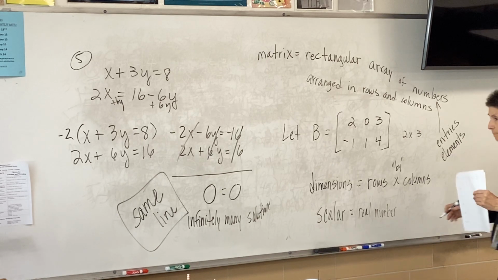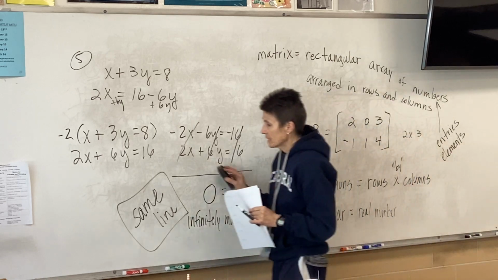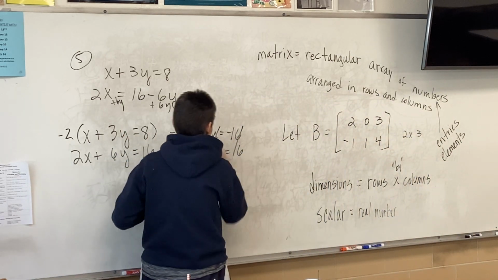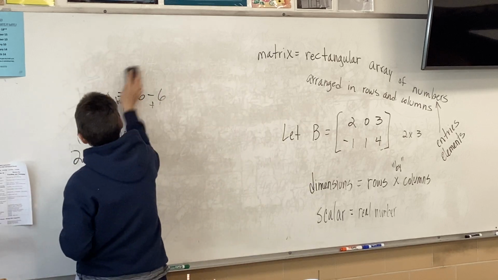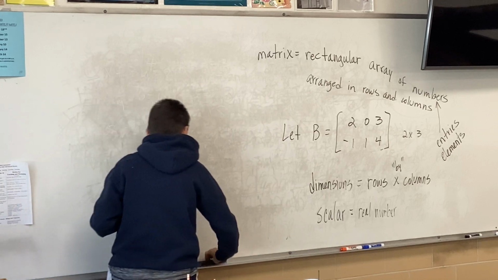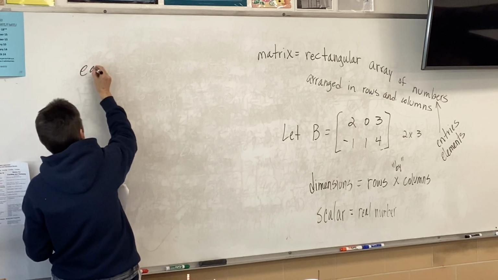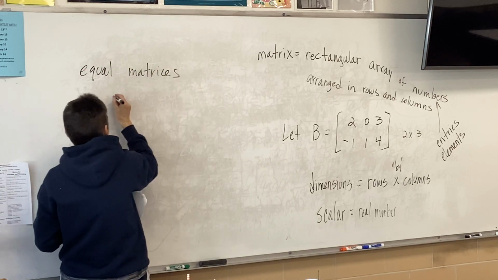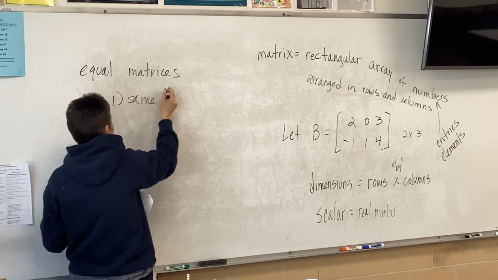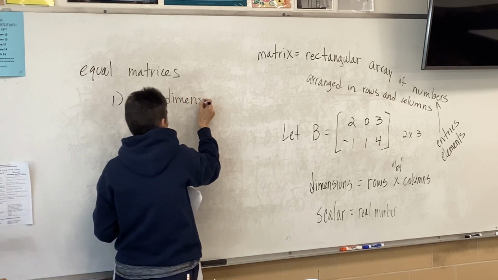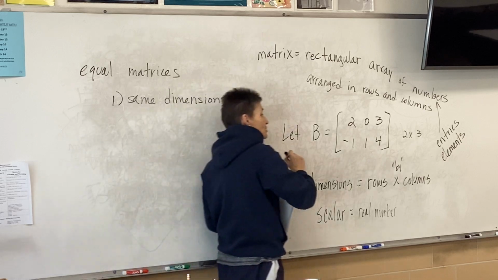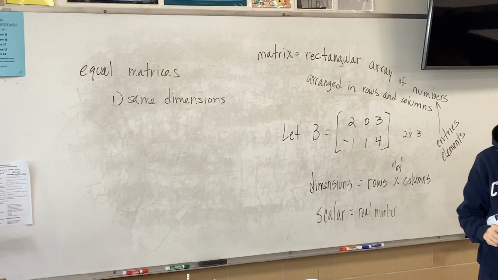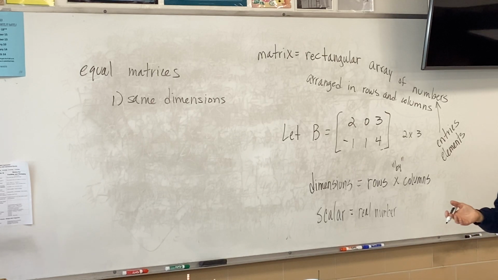And then equal matrices, it's a 2-part definition. Equal matrices have to have the same dimensions. And I hope that makes sense to you, because if we have equal matrices, then they need to be the same size.